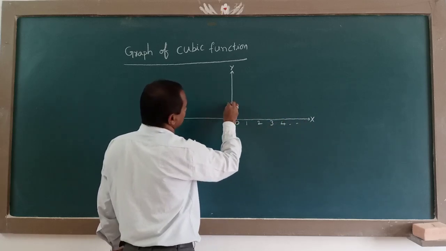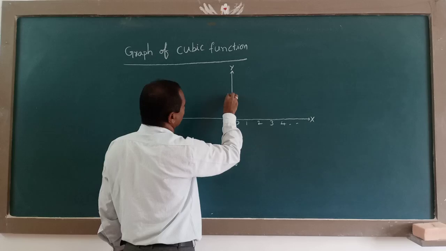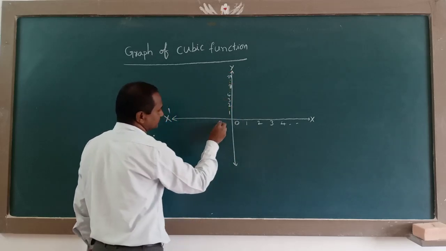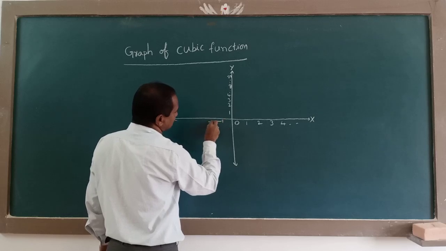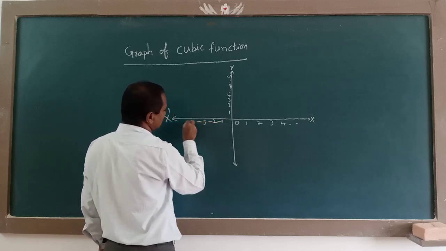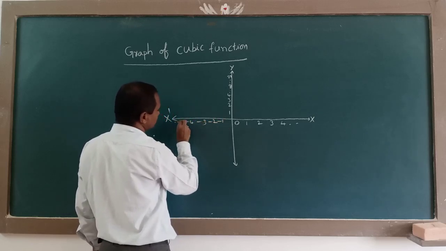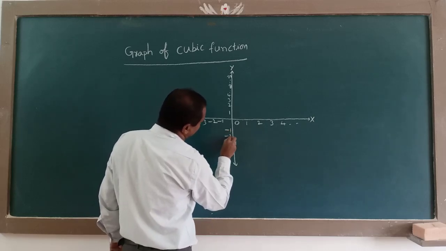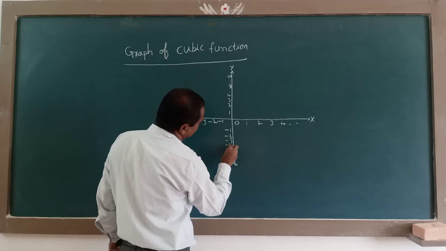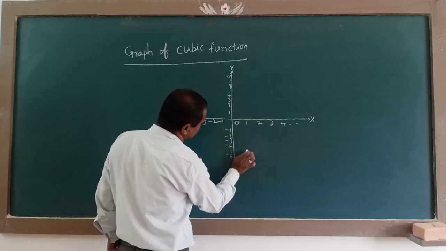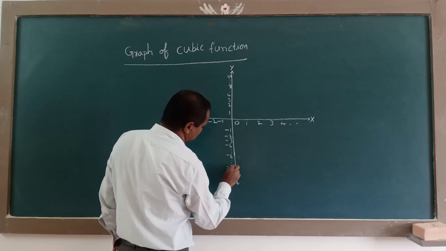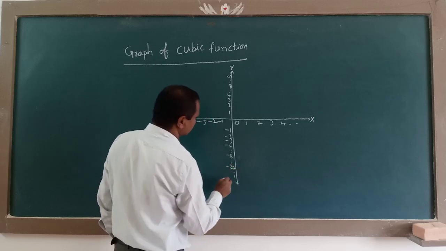On the y-axis 1, 2, 3, 4, 8, 27 like that. Minus 1, minus 2, minus 3, minus 4 and so on. Here minus 1, minus 2, minus 3, minus 4, minus 8, minus 27 like that.